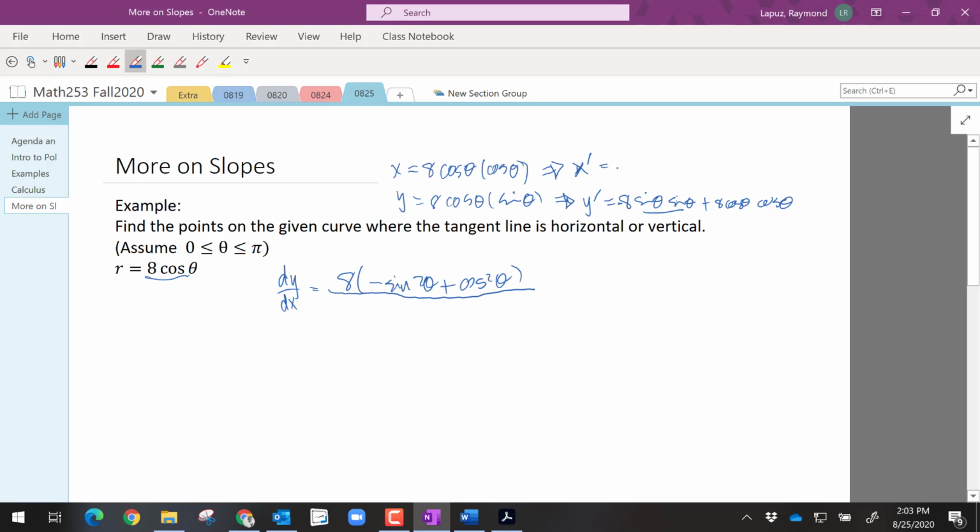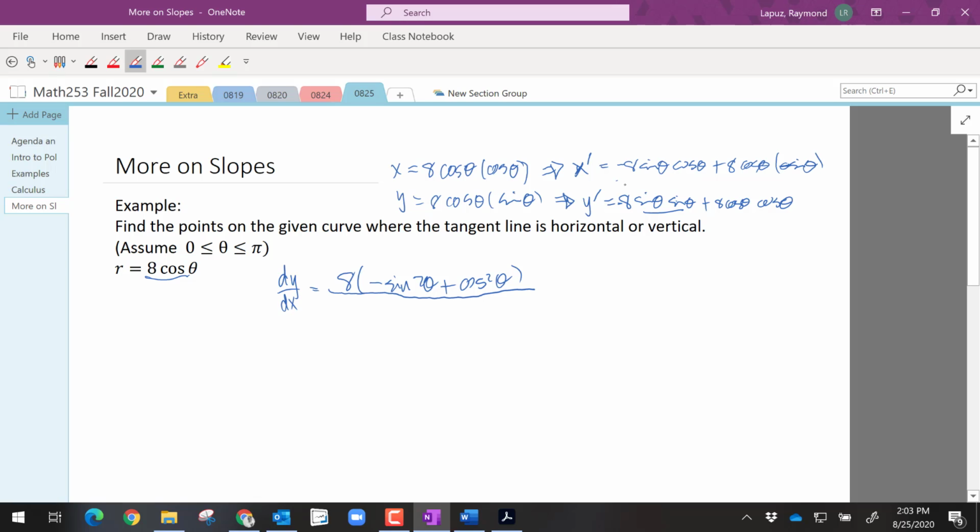So the derivative of the first is negative 8 sine theta times the second, cosine theta, plus the first, 8 cosine theta, times the derivative of the second, which is negative sine.